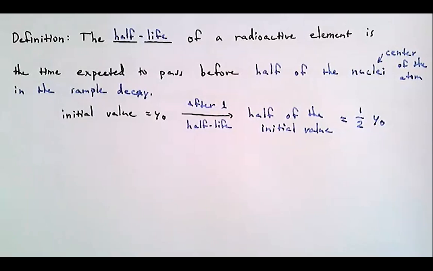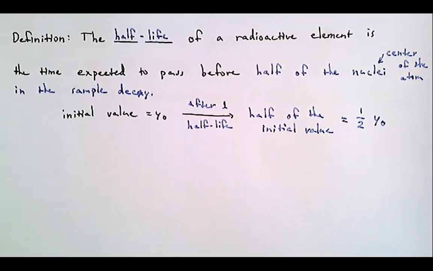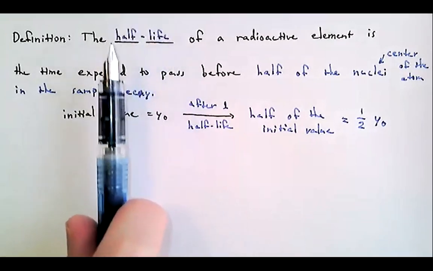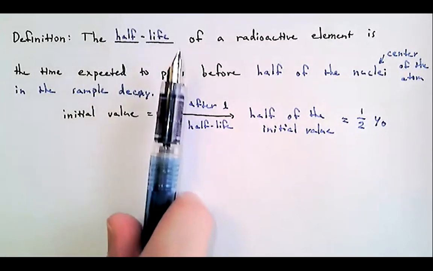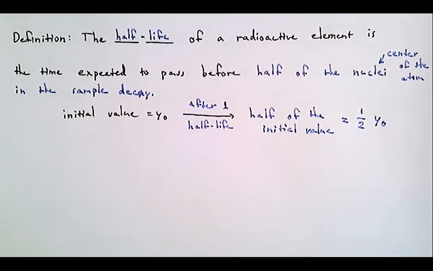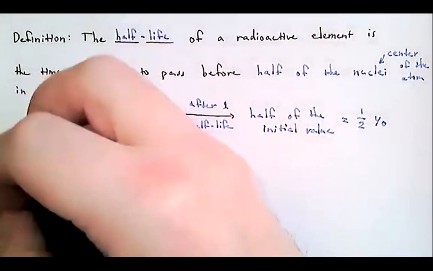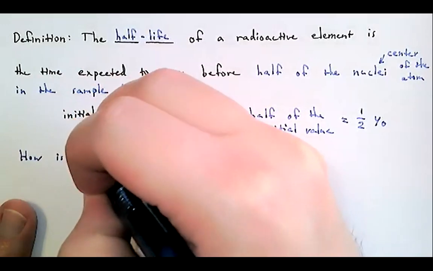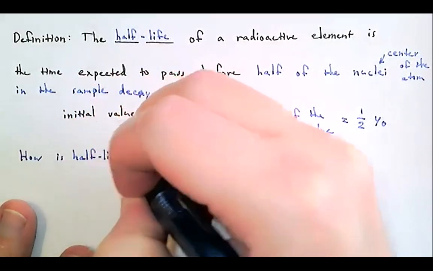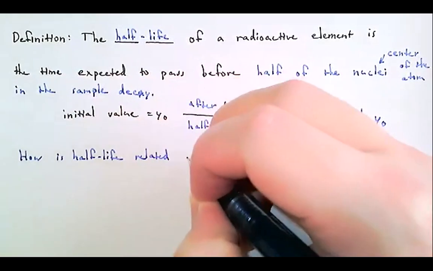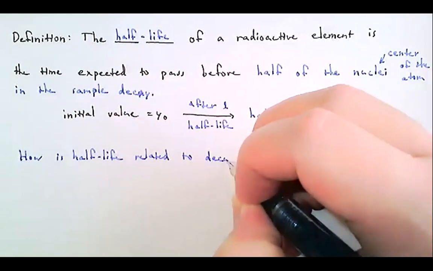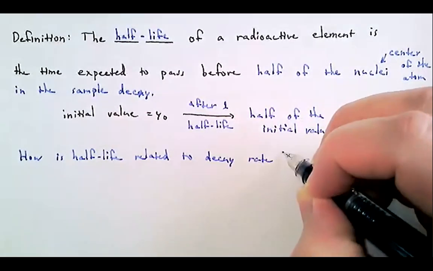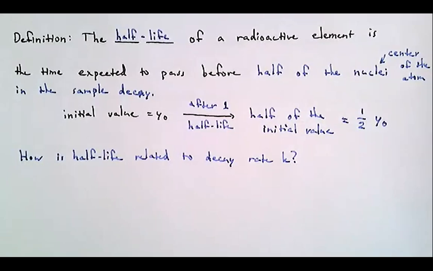So the question that we want to be able to answer before we get into any concrete examples is, how is this half-life, this idea that's usually used in physics, related to that decay rate k in our formula? And in order to figure out this relationship, what we want to do is look at the formula.